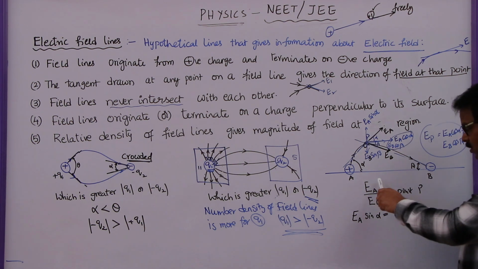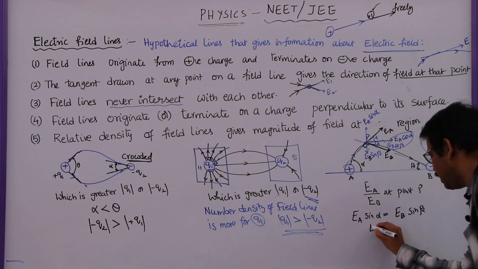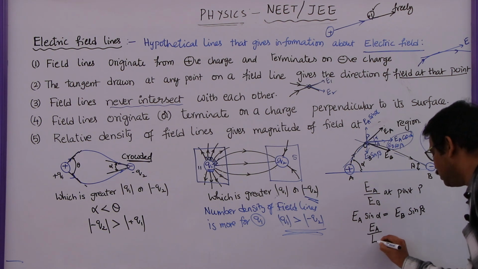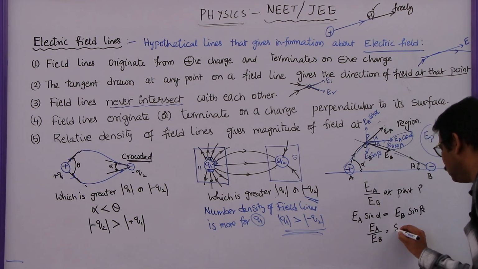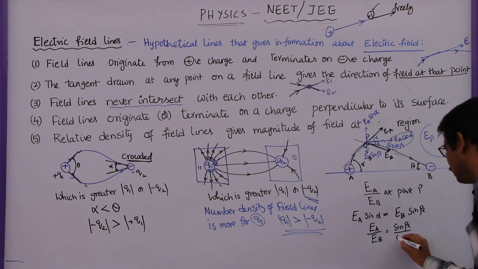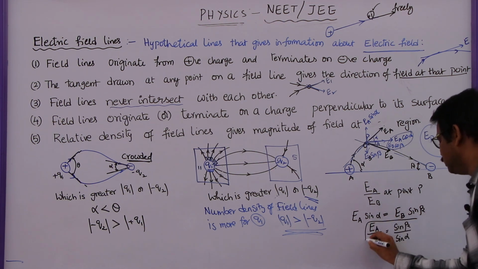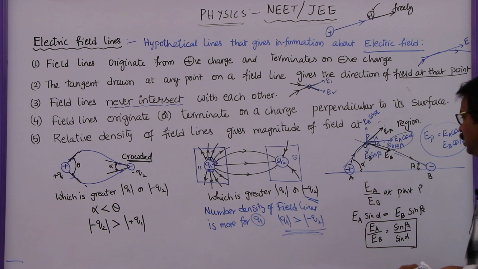We need the ratio between EA and EB, which is given by EA by EB is equal to sin beta by sin alpha. So this is the ratio between the electric field at point P.